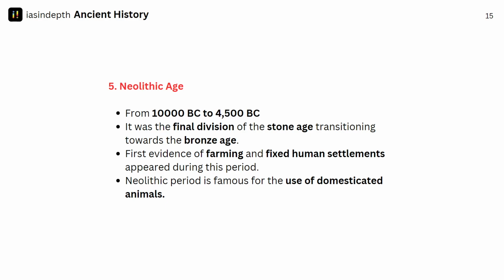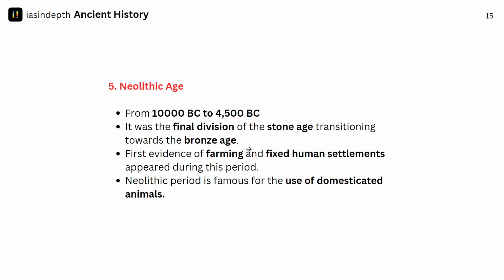In some places it's the Neolithic age, and in other places we can say it's the Mesolithic age. But there is a little difference in the span or the range of these years. So it was the final division of the Stone Age, transitioning towards the Bronze Age. So the Neolithic age is a Stone Age, right? In some places there will be variation.